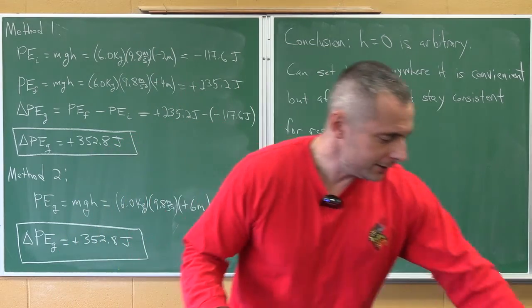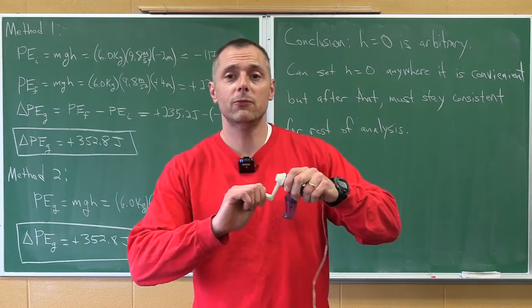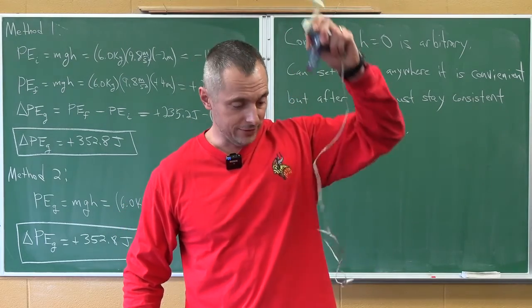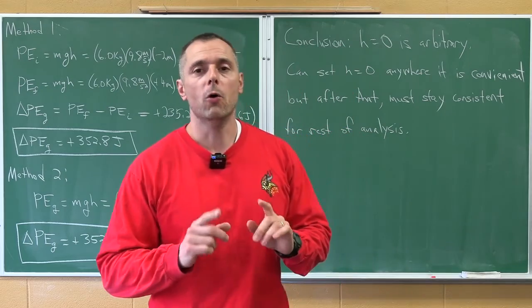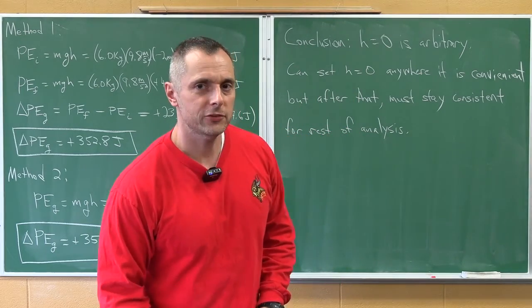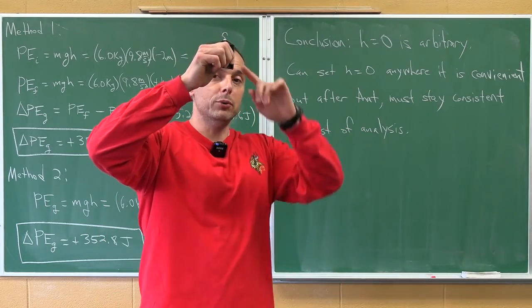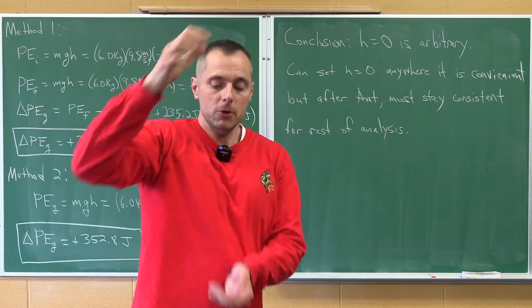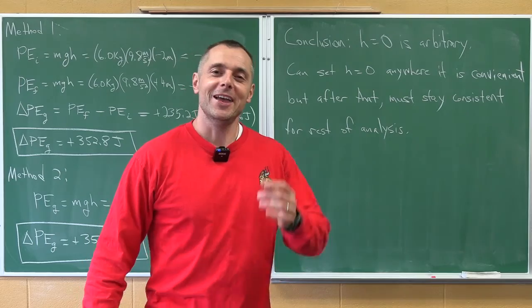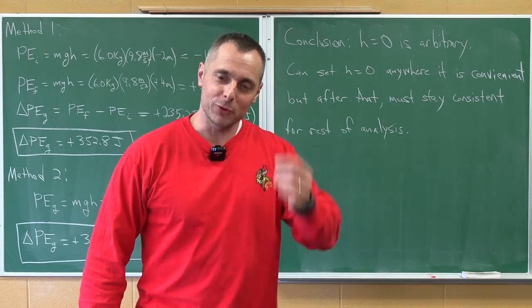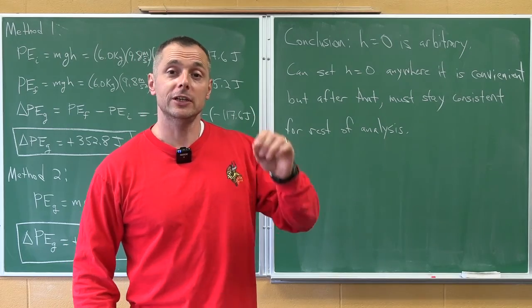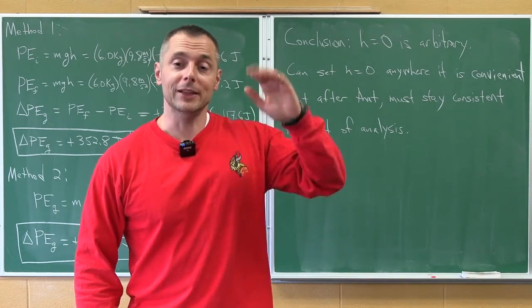Or I could crank with a generator, force times distance, and I generate energy out of this generator. Or we can lift a mass up, force times distance, I put energy in, I put work in, and then later I let it go, oops, I let it go, and I get back that work, that force times distance. So gravitational potential energy is energy or work that's stored by lifting an object.